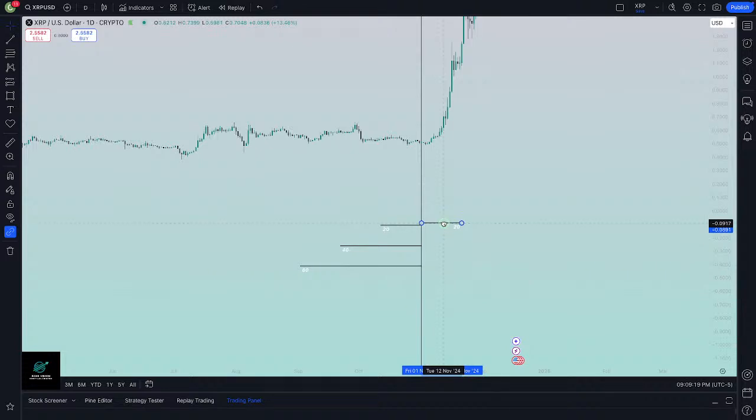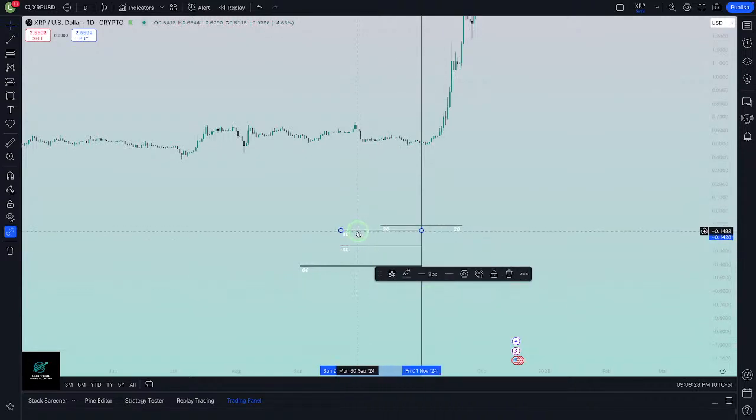And I'm cloning it so I don't have to redraw it. And that still measures 20 trading days right there. So I don't have to measure all that, pull out the measurement stick and all that.